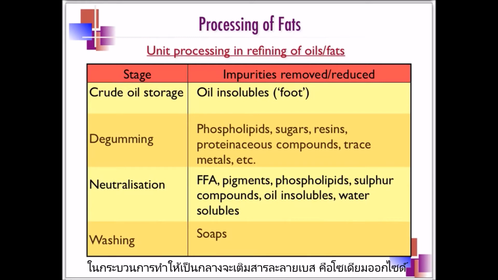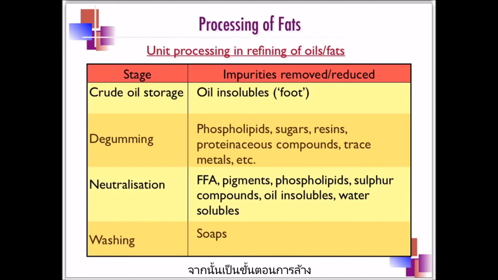In the alkali neutralization process, we add the caustic, or sodium hydroxide, to neutralize the free fatty acid and also remove other components, pigments, and some gums, sulfur compounds, and other oil-insoluble and water-soluble compounds.